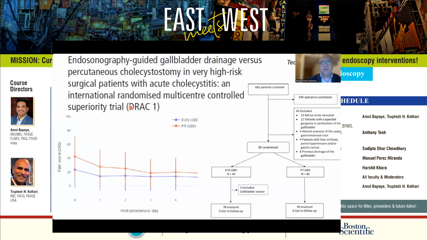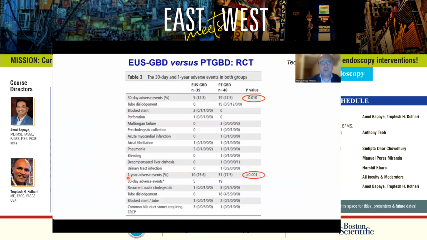In this randomized study, patients who underwent EUS-guided gallbladder drainage had a significantly lower pain score on the day of drainage and in the first 2 days. But more meaningful than the short-term outcomes is the 30-day adverse event rate, 13 versus almost 50% favoring EUS gallbladder drainage, and 1-year adverse events, 25 versus 77%.